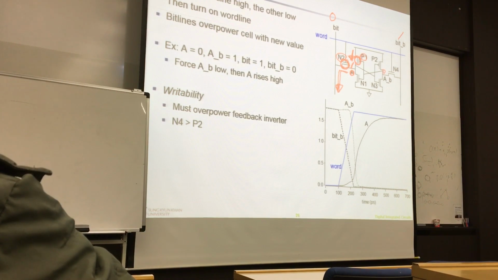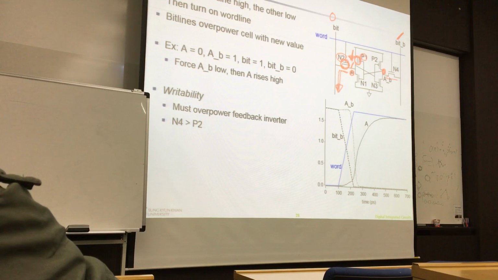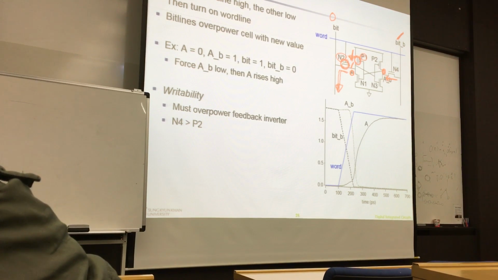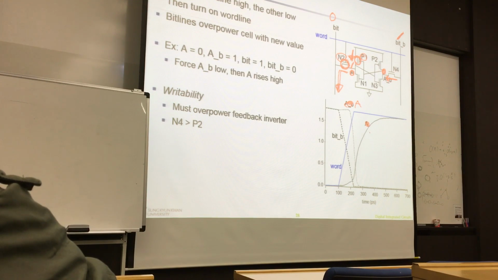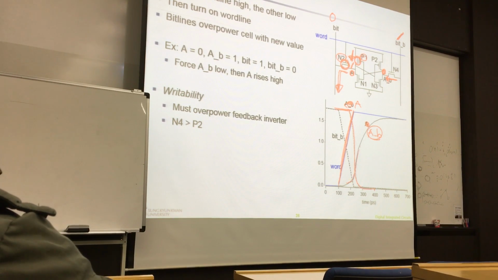Whereas on the other side, this is 0 and this is 1, but the current injection through this NMOS is relatively weaker. So if you actually look at the graph, let's say this is A and this is A bar, then initially A was high, and as you enable your word line, your A goes down first, and then your A bar flips.